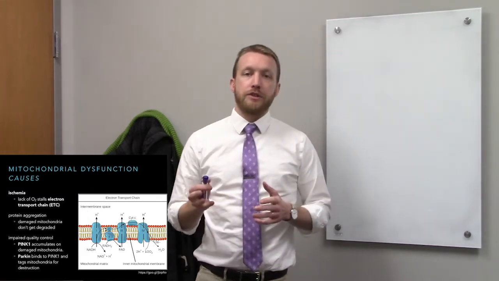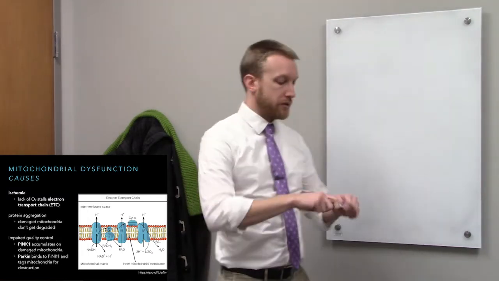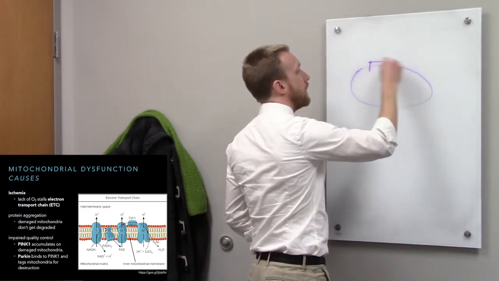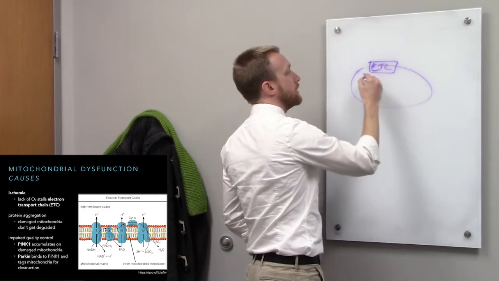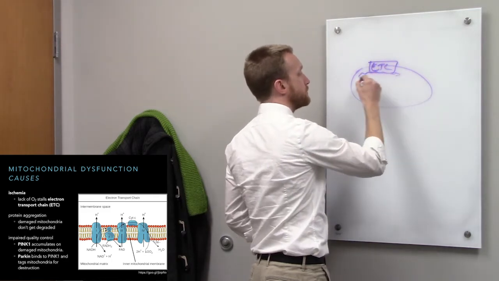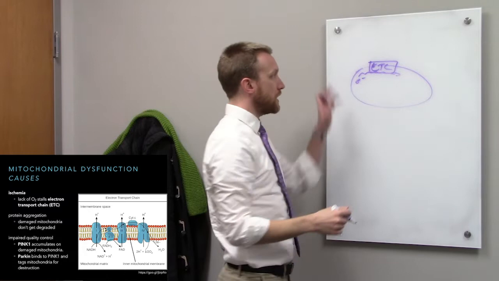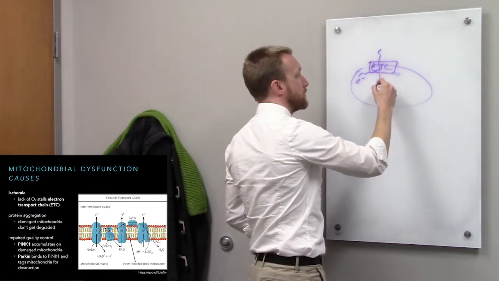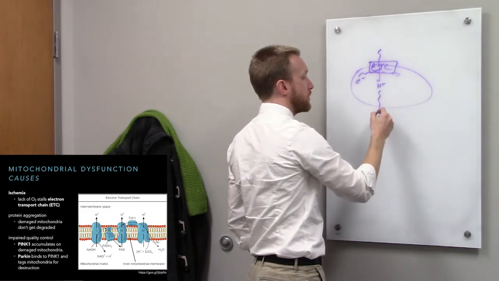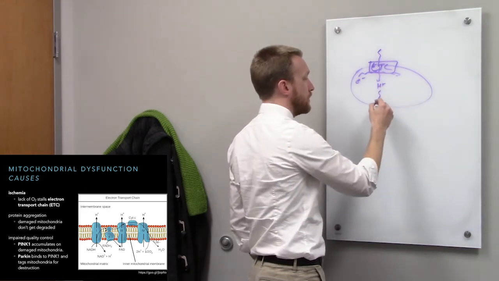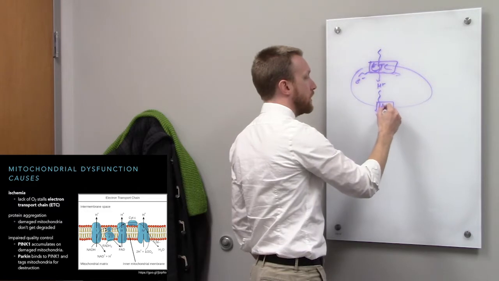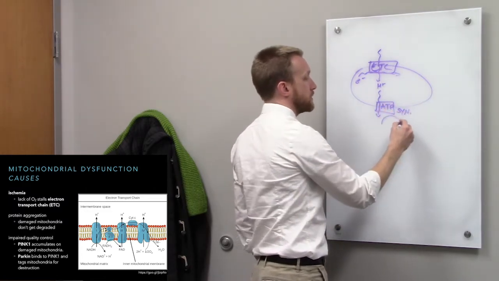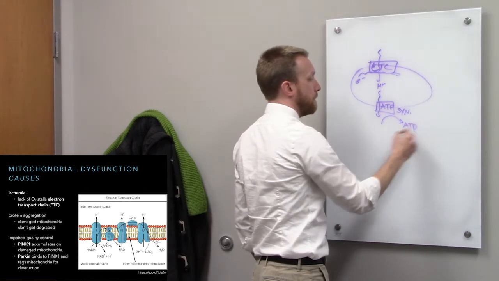Now, the electron transport chain is a wonderful system. If I can simplify it for you here, it's going to move electrons through. Those electrons are going to power proton pumps. So we create a proton gradient, and that proton gradient is going to flow out through an enzyme called ATP synthase, and that's going to trigger the production of ATP.